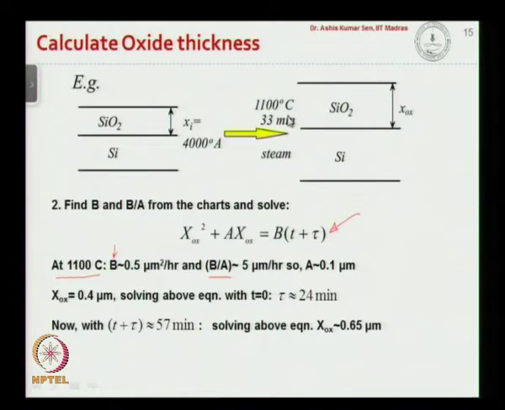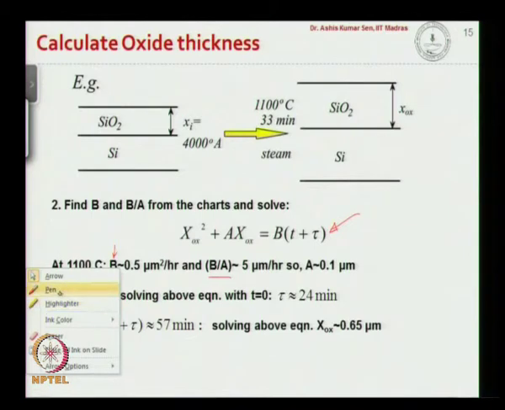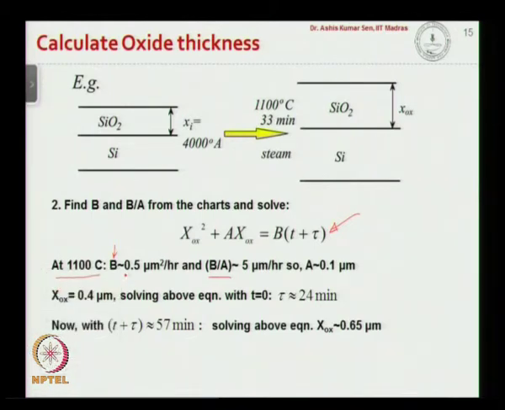From these two values you can apply to this equation. So B will be let us say 0.5 micron square per hour and B over A is 5 micron per hour. From there you can calculate that A is 0.1 micron.